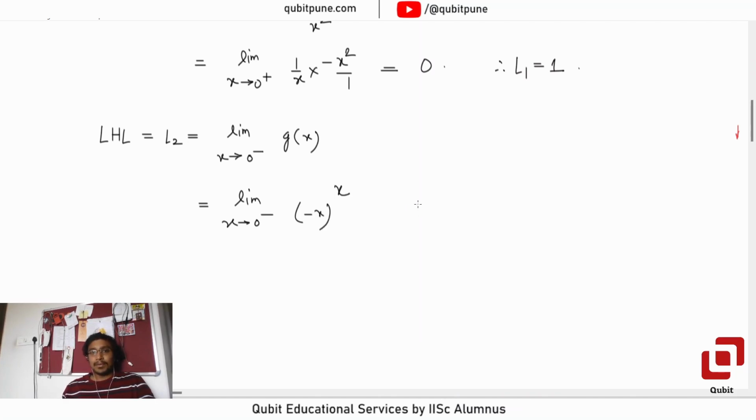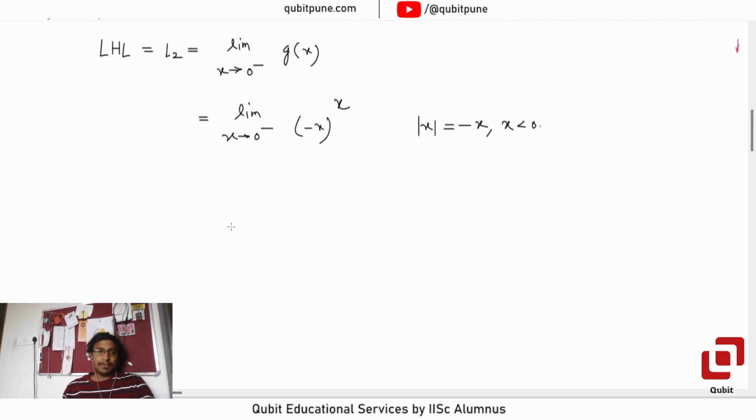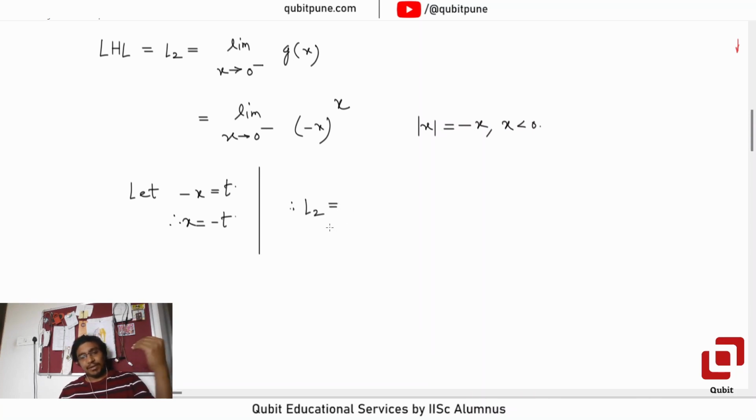Why? Mod x is equal to negative of x if x is negative. Now here is one change that I'm going to make. I'm going to let negative x be t. So if x is approaching 0 from left, negative x will approach 0 from right.